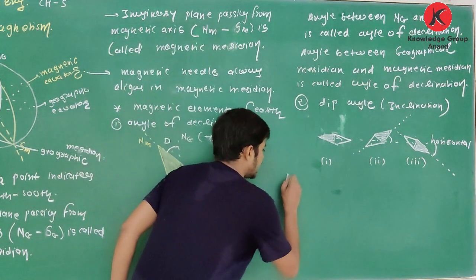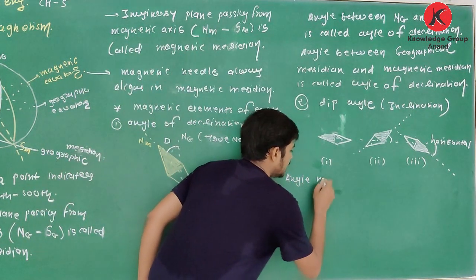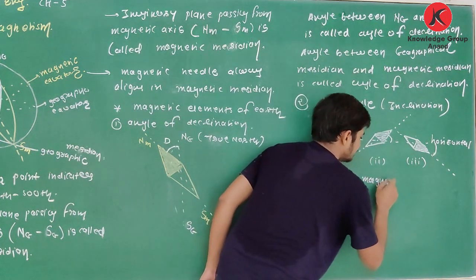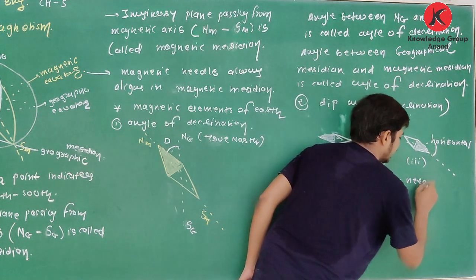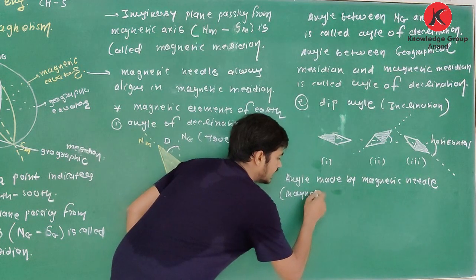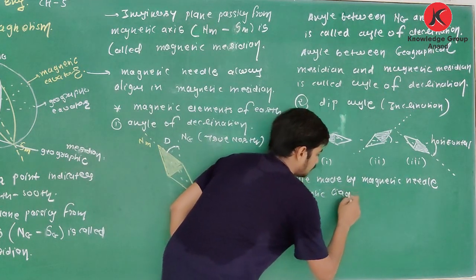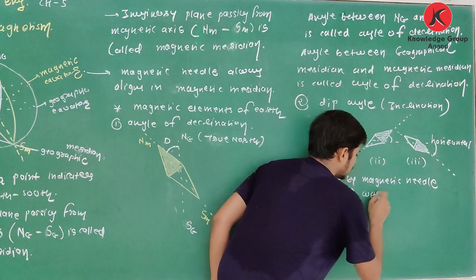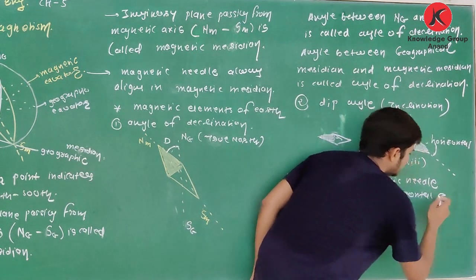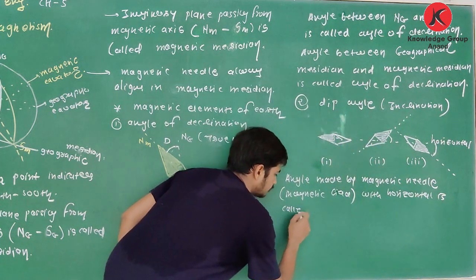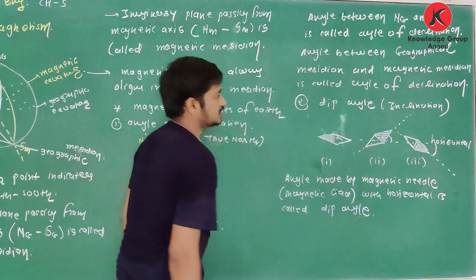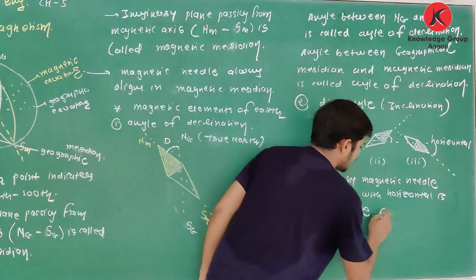The angle made by the magnetic needle, and the magnetic needle means the magnetic field, because the magnetic needle aligns in the direction of the magnetic field, with horizontal is called the dip angle, and this dip angle is denoted by phi.